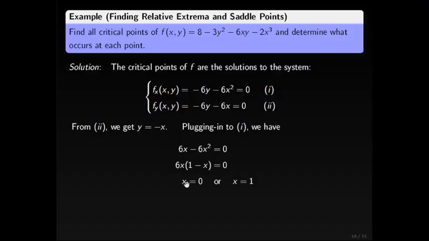There are exactly two solutions, which are x equals 0 and x equals 1, and the corresponding y's are y equals 0 and y equals negative 1, which are obtained from the equation y equals negative x. Therefore, we have two critical points: the point 0, 0 and the point 1, negative 1.